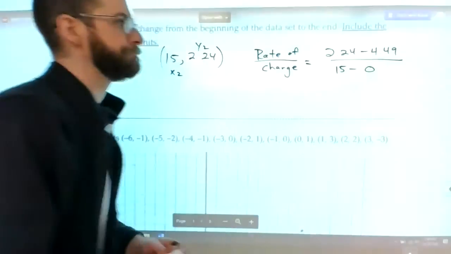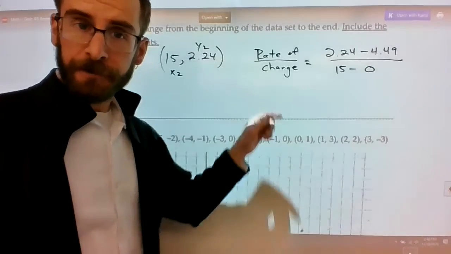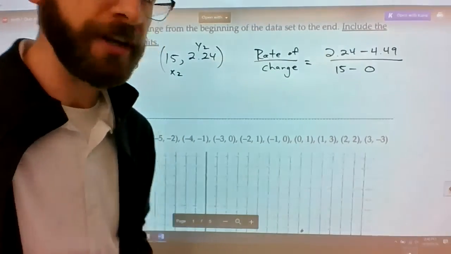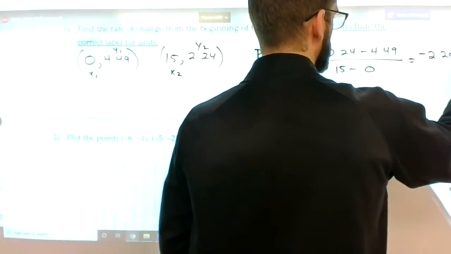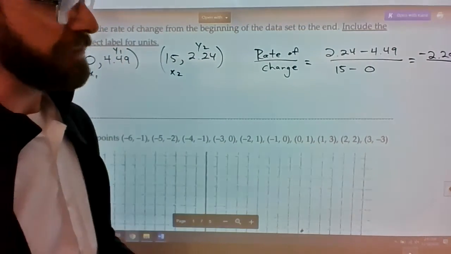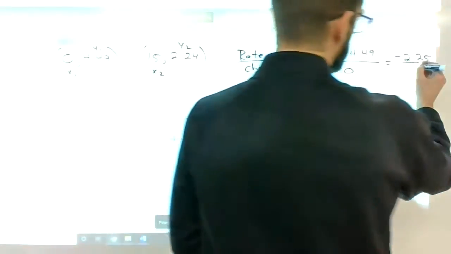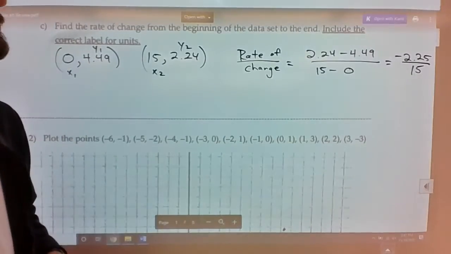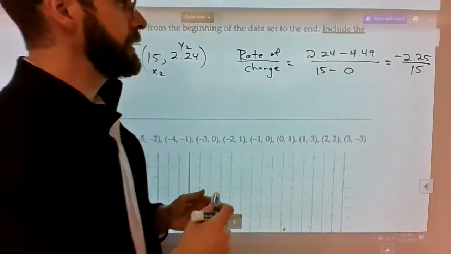So the difference between 2.24 and 4.49 is going to be negative 2.25. And then you get 15 on the bottom. Actually, no, it's 2.25.